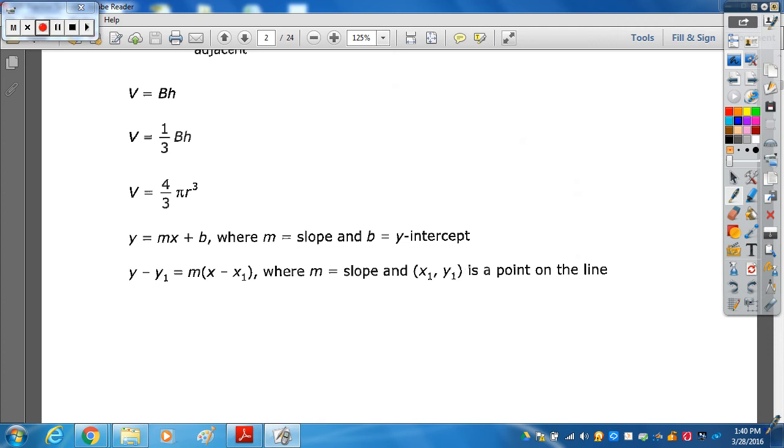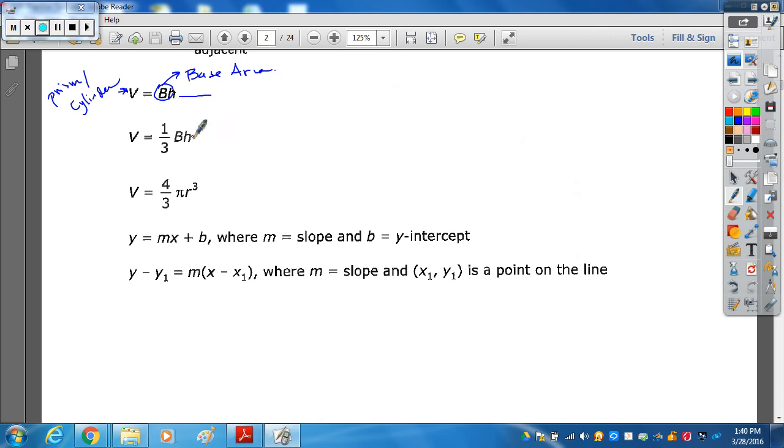Okay, so this is for prism / cylinder. And this capital B, whenever you see a capital B, that's referring to the base area. So if I'm going to give you a hexagonal prism, both bases are hexagons, so you have to find the area of the hexagon, which you guys know how to do, and then you're going to multiply that by the height of the prism.